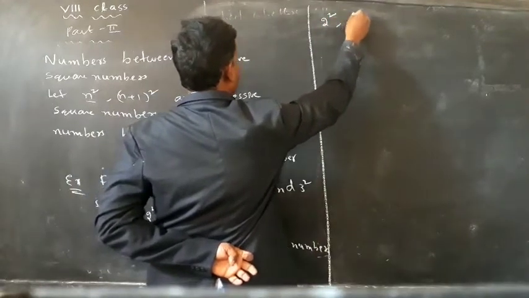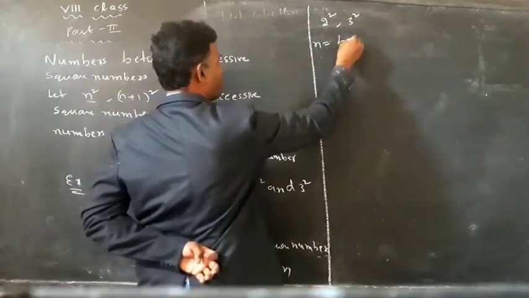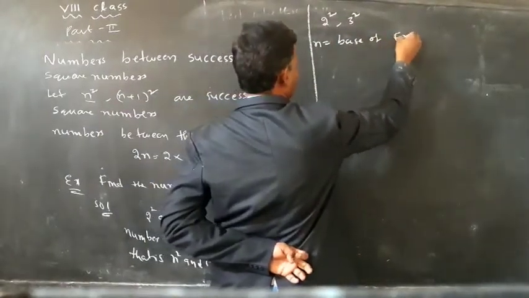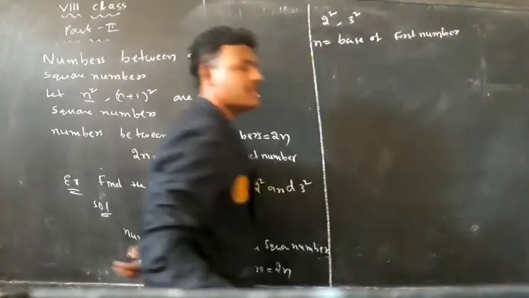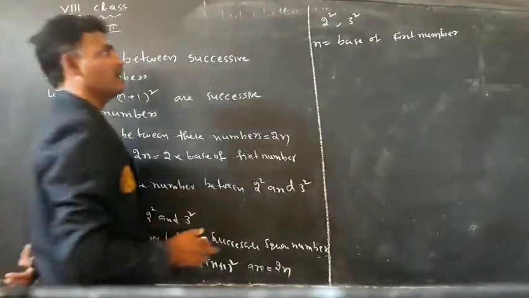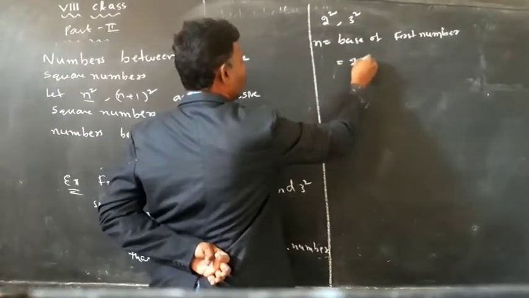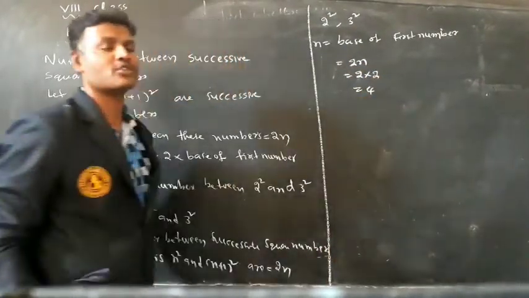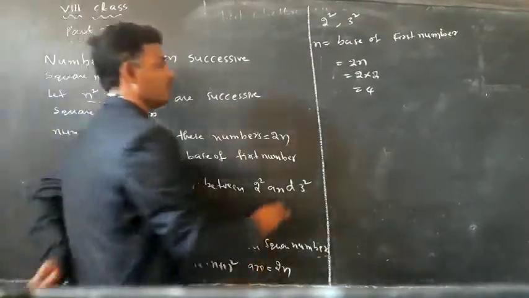Here 2 square, 3 square, 2 is given. n is equal to the base of the first number. Here, what is the base of the first number? 2. So what is the formula here? 2n. 2n means 2 into 2 is equal to 4.